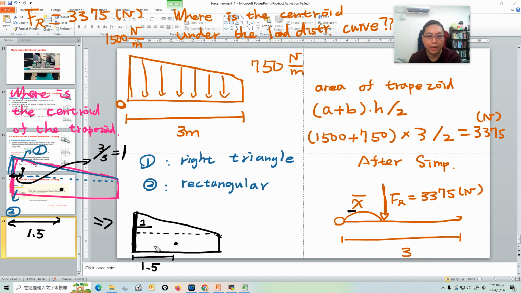We have already determined the centroid of each position. The next thing is we have to use this concept to find out the position of the resultant force. So we need one more step.